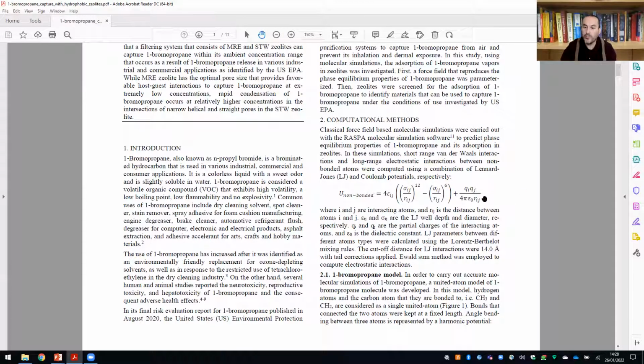We have to account for that, and we represent these forces through a Coulombic term here. For that we need to compute the charges, which I illustrated to you.